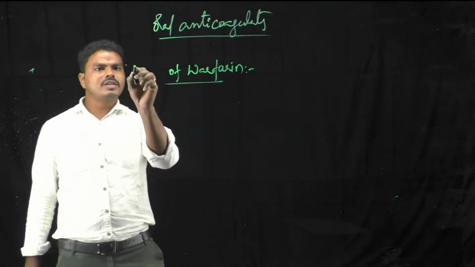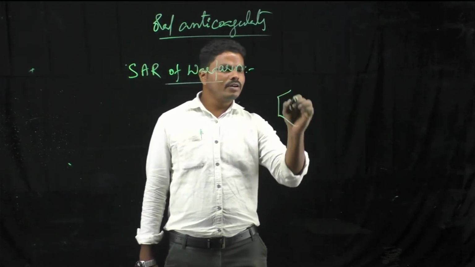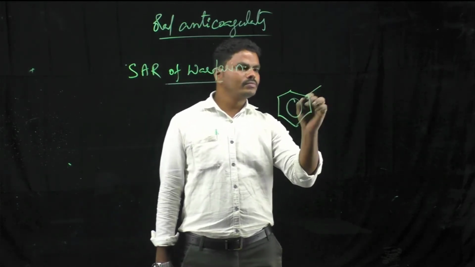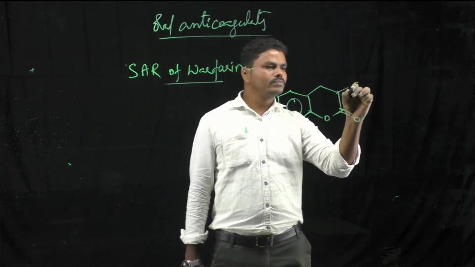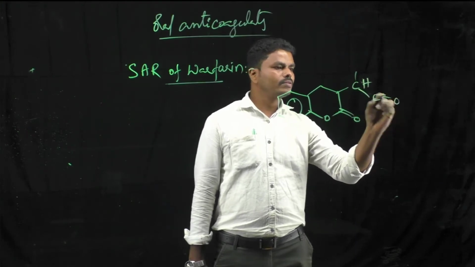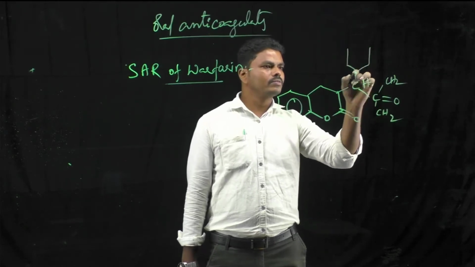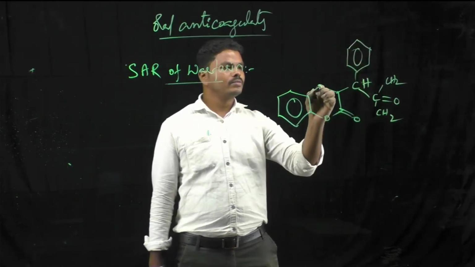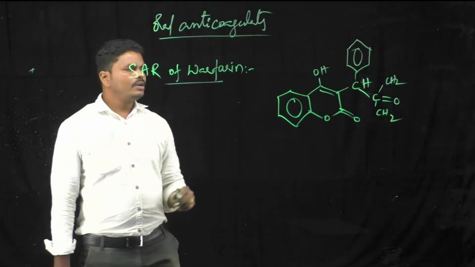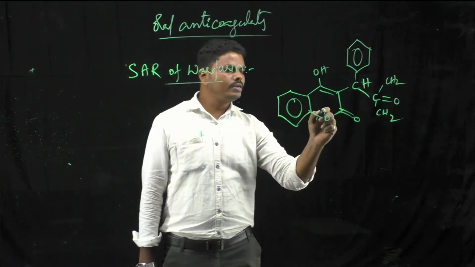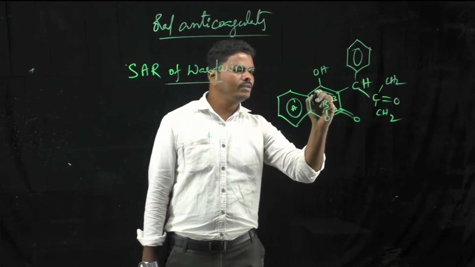And coming to the structure activity relationship of warfarin, when you see the chemical structure of warfarin, this is the chemical structure, and here when you number this ring, this is the A ring and B ring, the numbering starts from here: 1, 2, 3, 4.